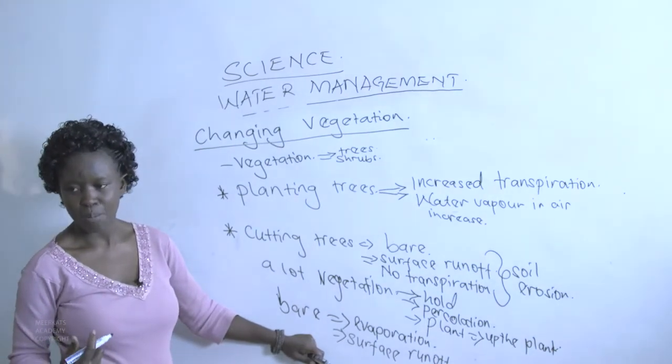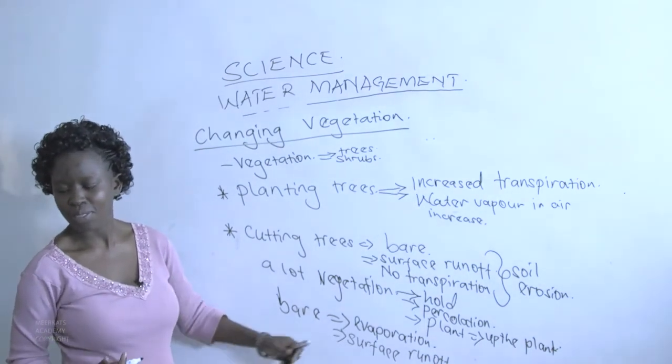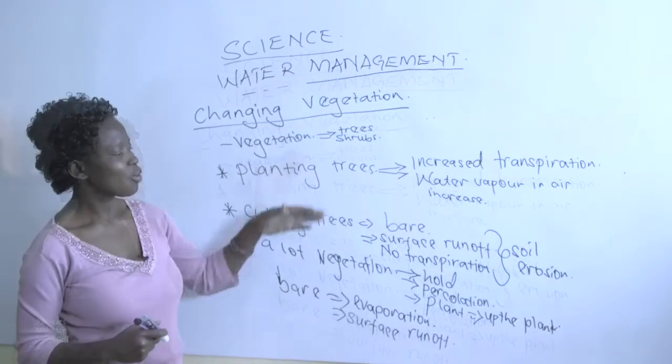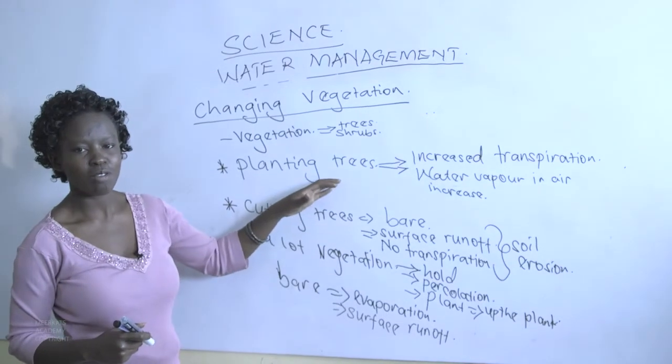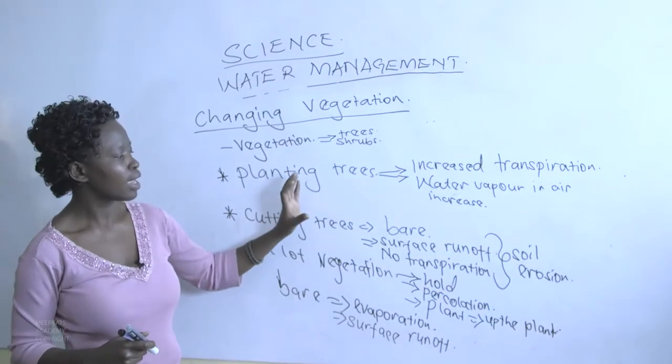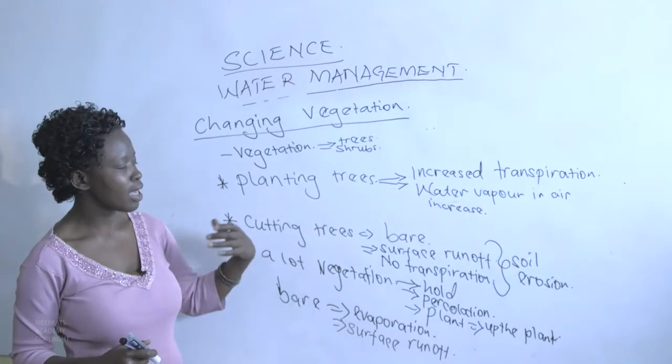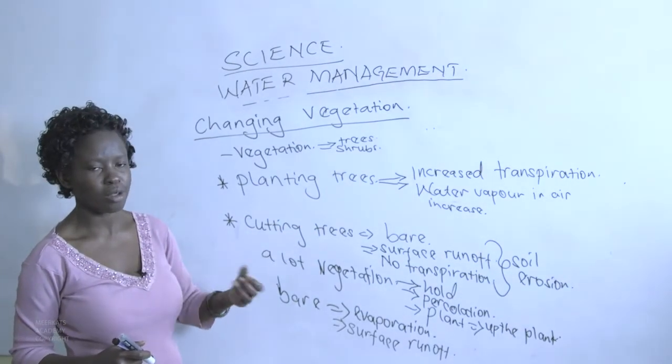So we are looking at earth resources as a topic in general. We are looking at the various types of resources that we have, and these are either natural, renewable or non-renewable.